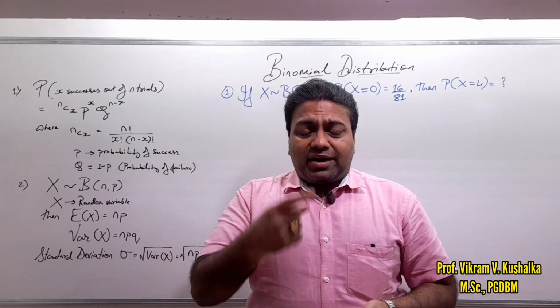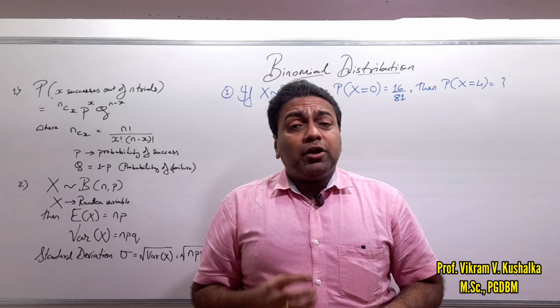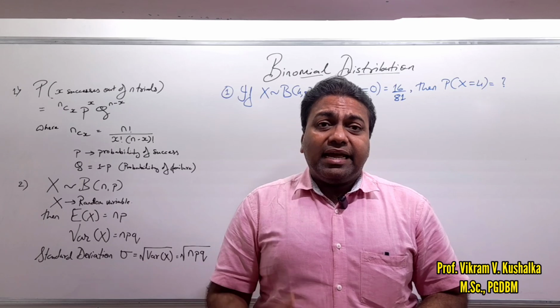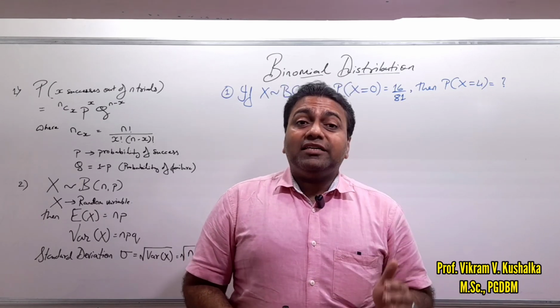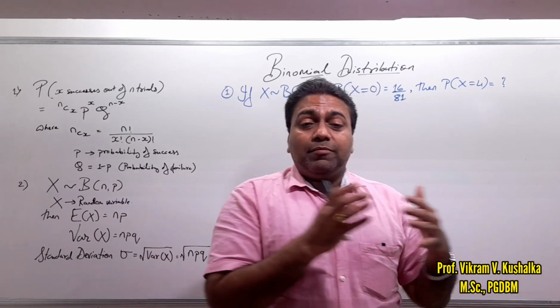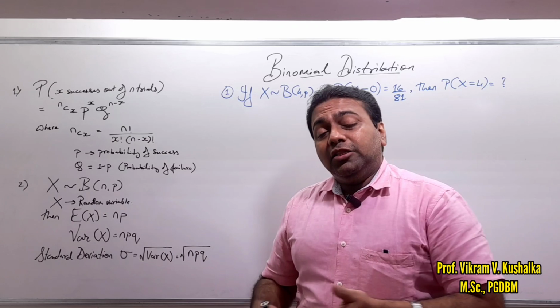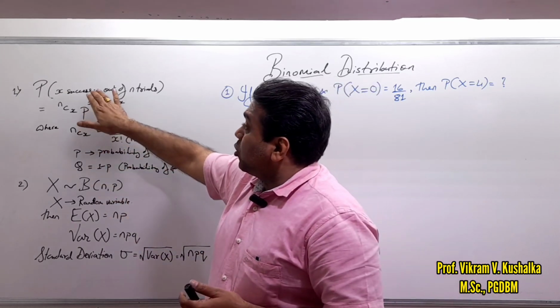So in one trial, when I toss the coin once, the probability of getting head is 1 upon 2, and the probability of getting a tail is also 1 upon 2. So the probability of success, if my event is to get the head, is going to be half, and if the event is to get a tail, the probability of success is going to be half again, right? But we are talking about N trials.